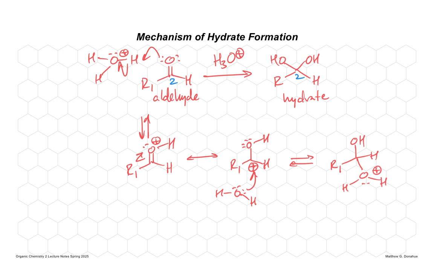And then to get to the hydrate, we just do a proton transfer. And again, the key thing is for the two-stage oxidation, it has to proceed through this so that both the carbon and the oxygen have their hydrogens to eliminate.